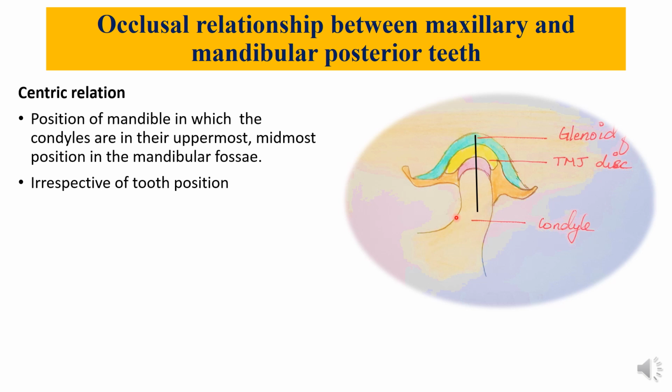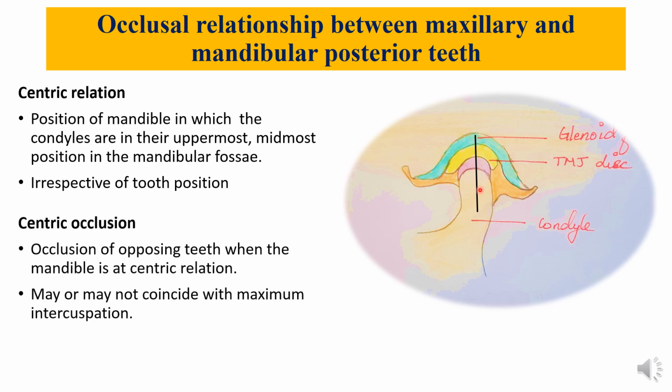And this position is irrespective of tooth position. It means the teeth are not clenched or occluded. We don't bite the teeth in this position. This is the most relaxed position for the condyles.